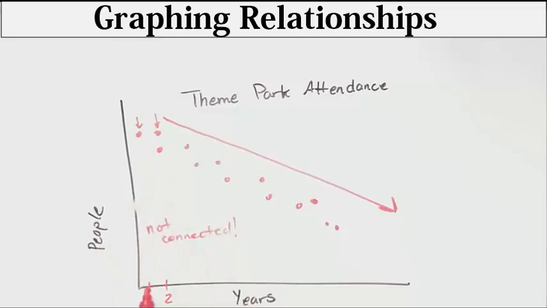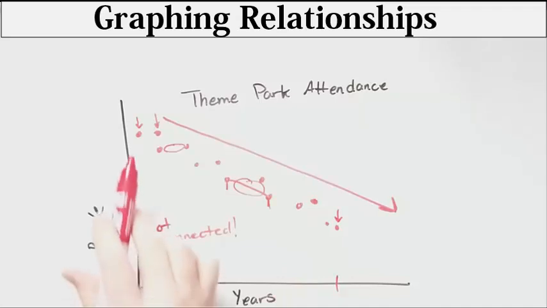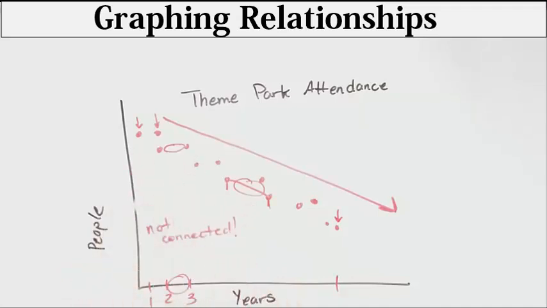The number of people that showed up in year 1 have nothing to do with how many people show up in year 2. How many people showed up in year 2 have nothing to do with this point over here on how many people show up in year 20 or say year 30. These dots have no impact on one another. So I want my points to remain not connected. If they are not connected, then this is called a discrete graph.